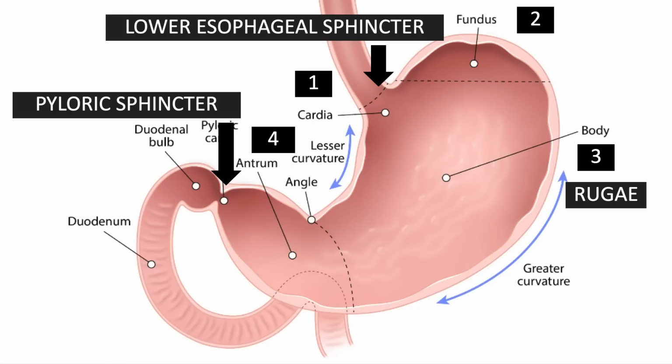The second type of digestion is chemical digestion. This is basically breakdown of food by gastric acid. Gastric acid has a pH of 2 to 3, and so it's able to denature and break down food. And gastric juices also contain some enzymes that help the chemical breakdown of food.